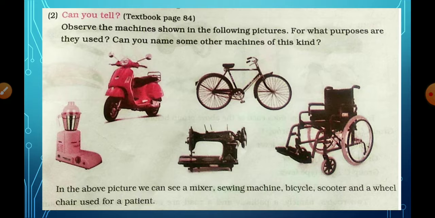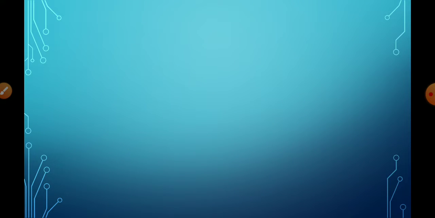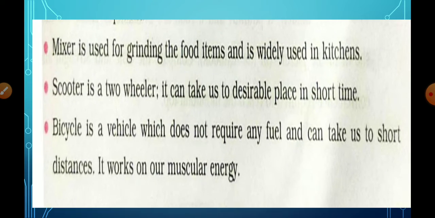What you have to do is take your science notebook and write the answers in the notebook. Learn them by heart and write one time, mail me as homework. Okay, copy down the answers in the notebook. If you have a page in the workbook, you can write there also. See, first picture, mixer.